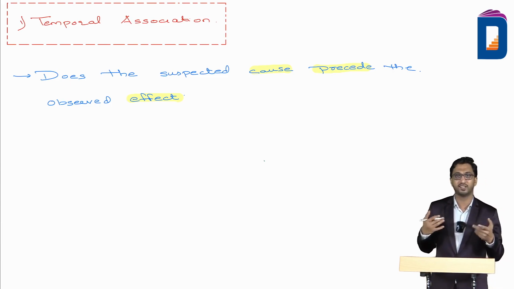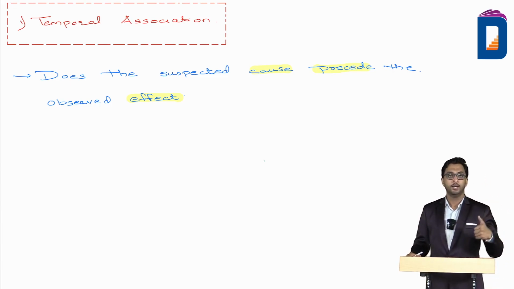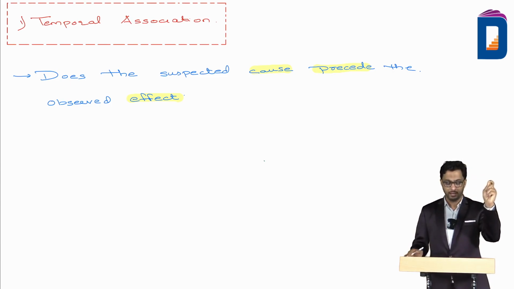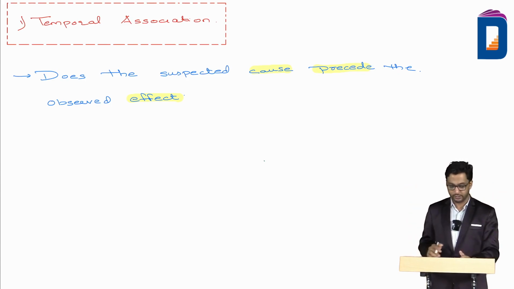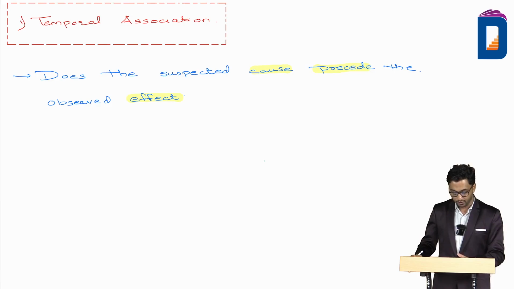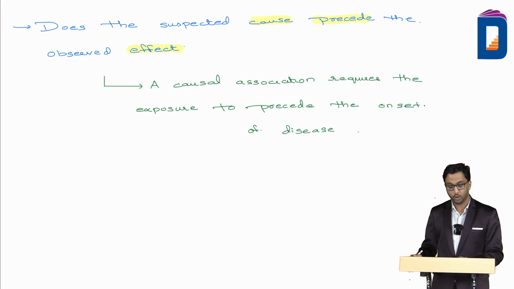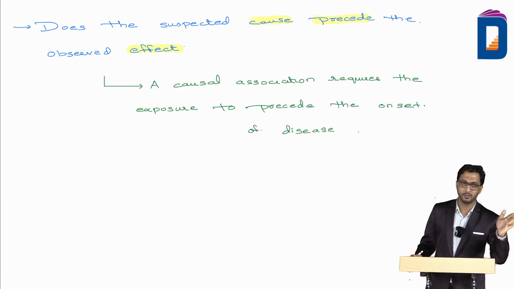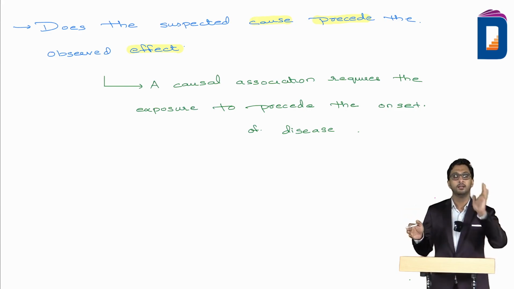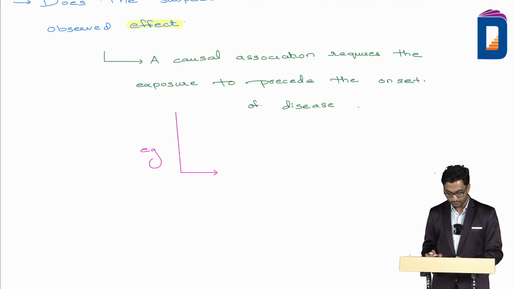Was he smoking after the lung cancer, or was he smoking before he got the lung cancer? If you see that cigarette smoking is there first and then you see the lung cancer, that means there is a temporal association. A causal association requires the exposure to precede the onset of disease. The exposure should occur first, then only the disease. If that is happening, we will say that there is a temporal association.